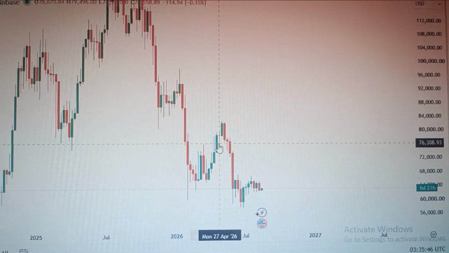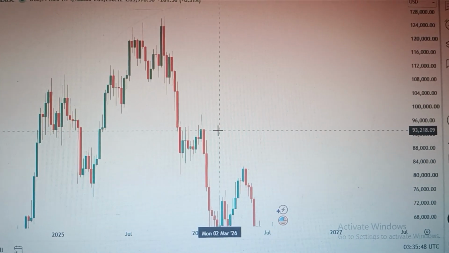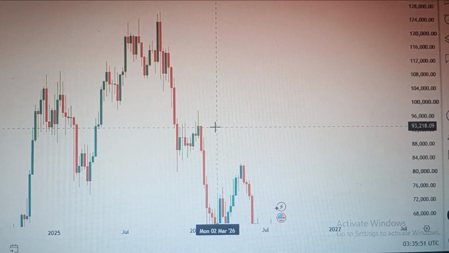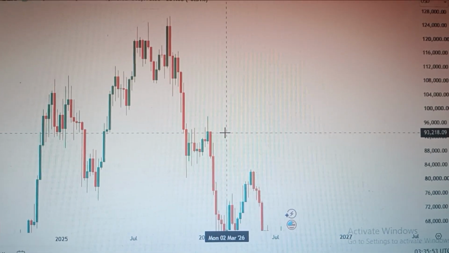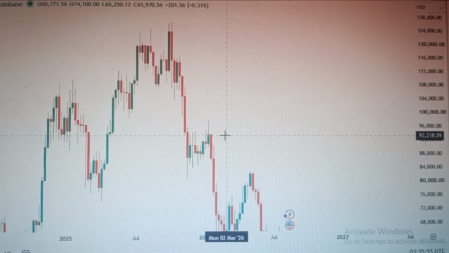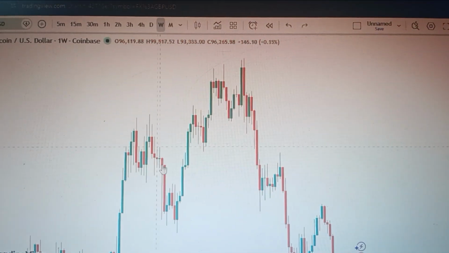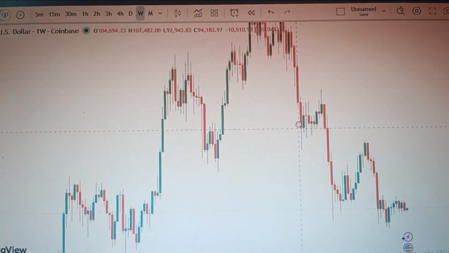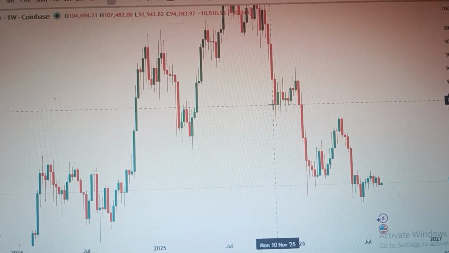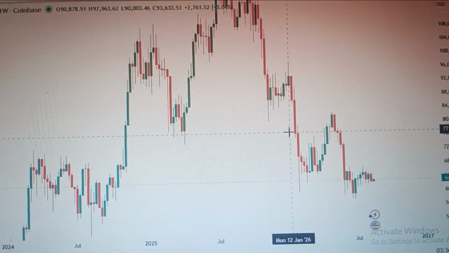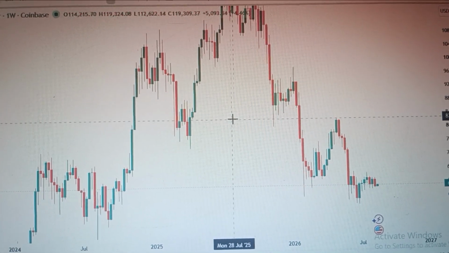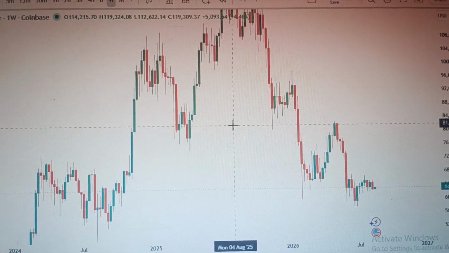Now you can use this approach in different assets, either in the forex market or in the crypto market, regardless of whatever pair I'm using to do the analysis or to break down the approach.